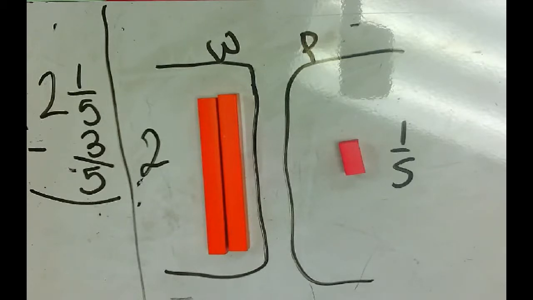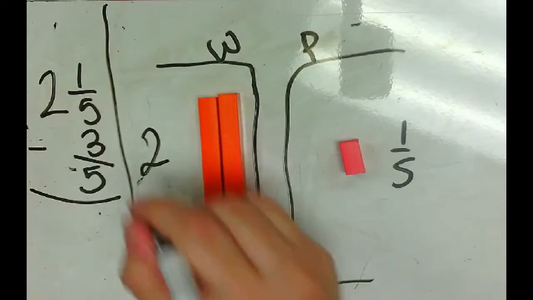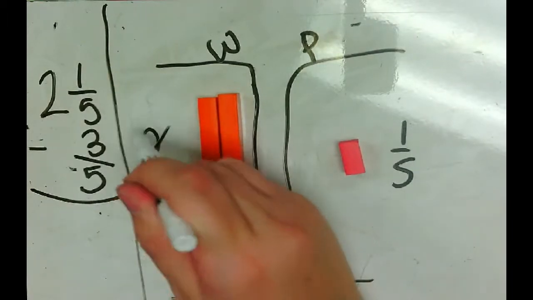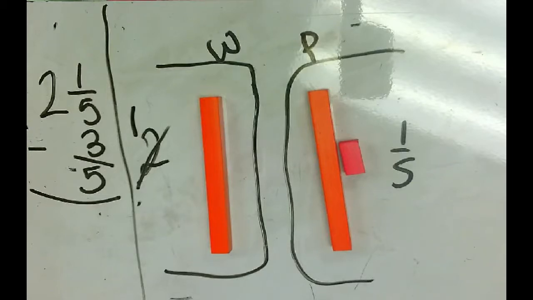Okay, so I need to make an exchange. I need to borrow from the wholes. So I'm going to make this a 1, and I'm going to move this over here. If I move that whole to the parts, I need to make it parts, right? So I'm exchanging it for what? 5/5. And it's 5/5 because that's how we make a whole.